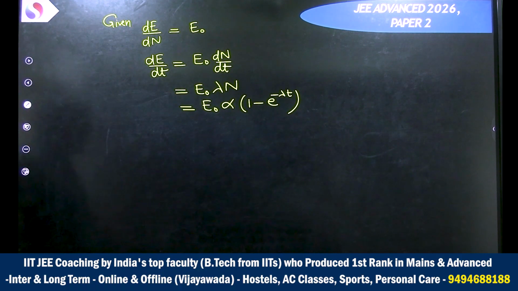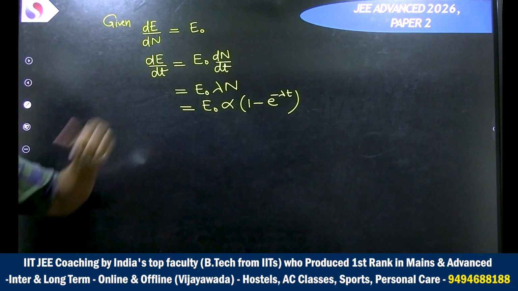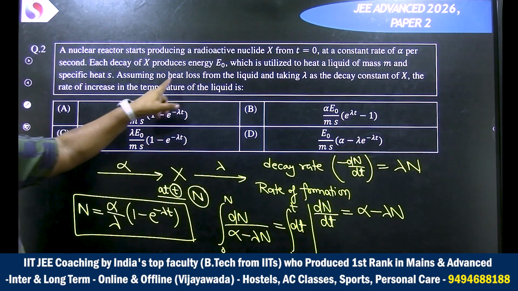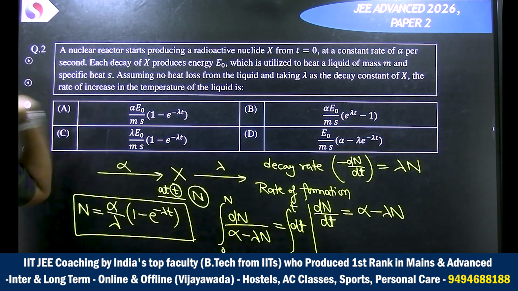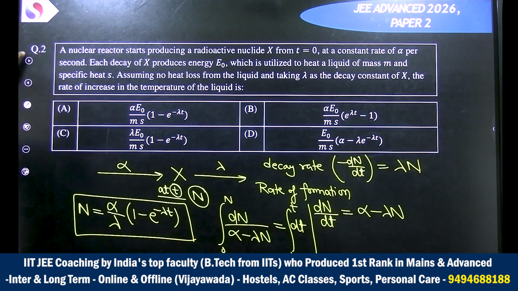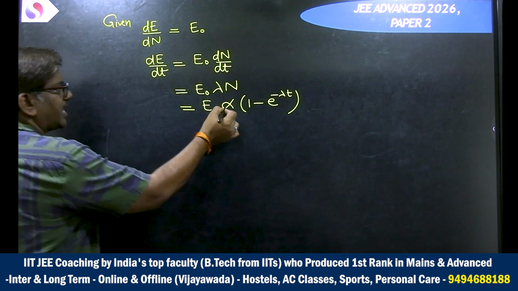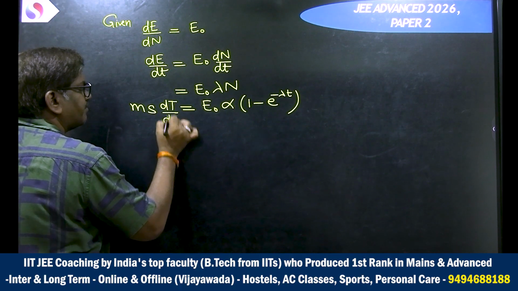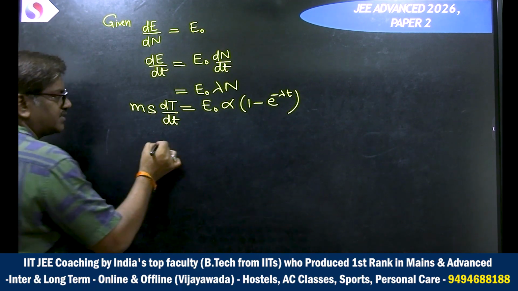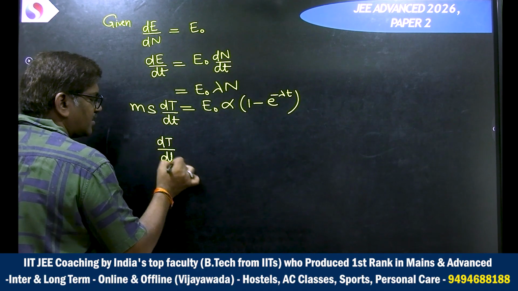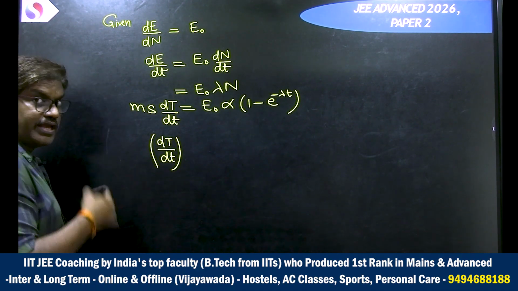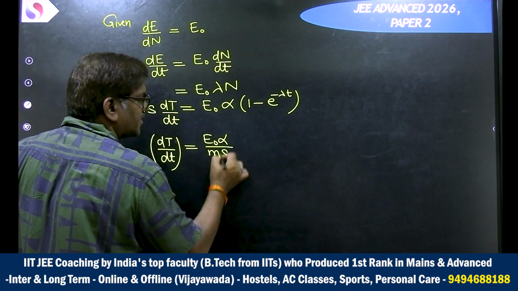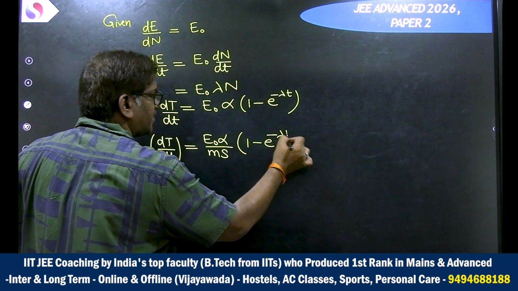Alright. Now this energy which is being released is used to heat up the liquid of mass m with the specific heat capacity. So it is utilized to heat the liquid. That means this energy rate will be used to increase the temperature per unit time, ms delta T by dt. That means this is giving you the rate by which the temperature of the liquid will be increasing as E naught into alpha divided by ms into 1 minus e to the power minus lambda t.